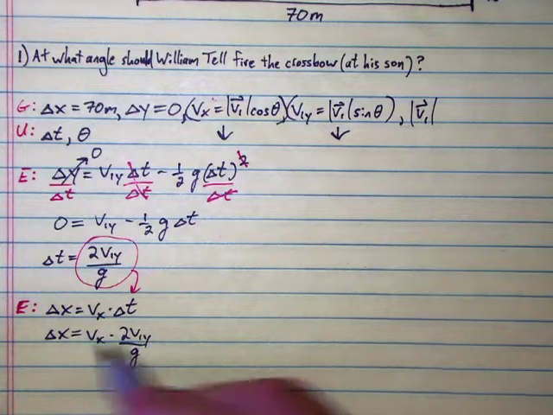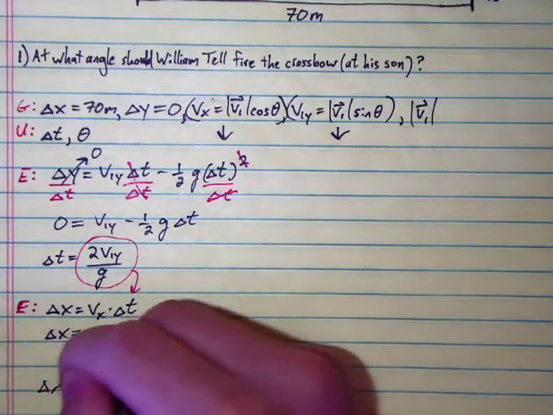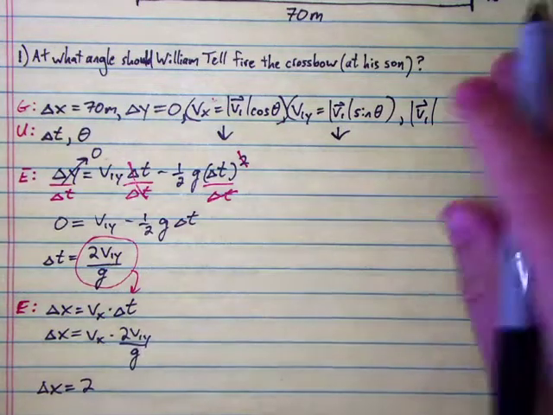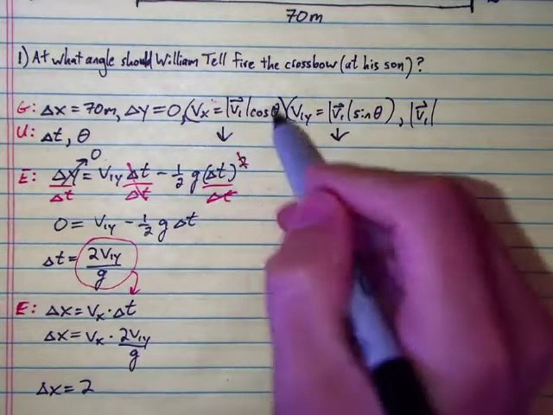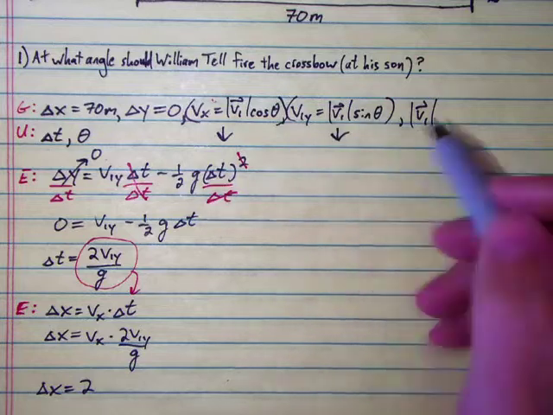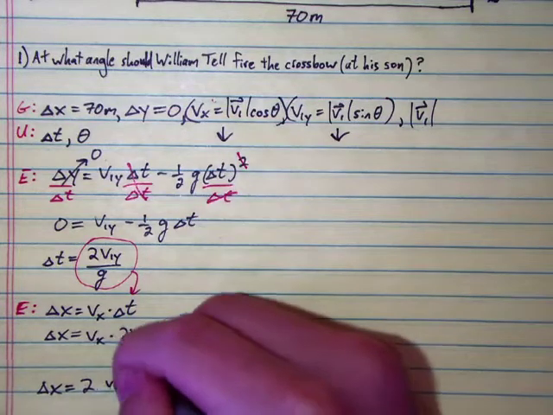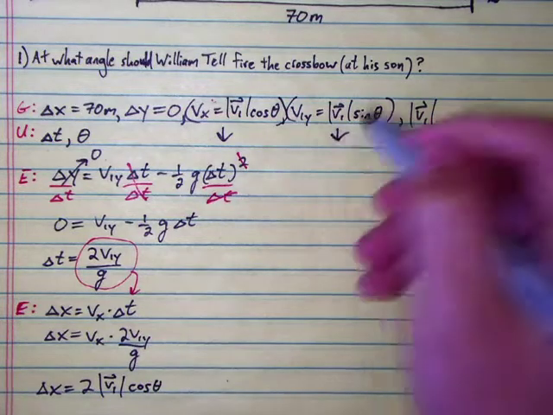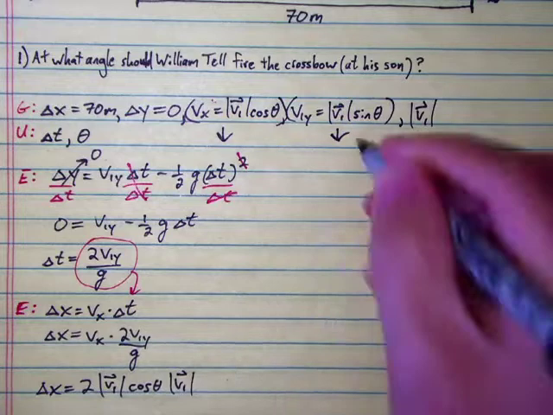But let's rewrite both of these in terms of the angle. So delta x equals, I'll bring that 2 out front, and vx we know can be written like this, and v1y can be written like this. So vx is the initial speed times cosine theta. v1y is the initial speed times sine theta.